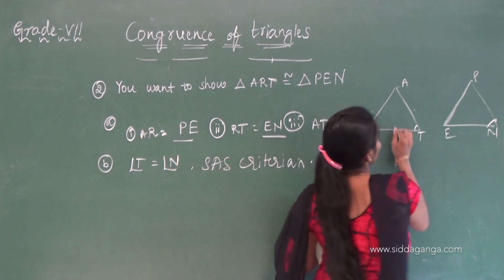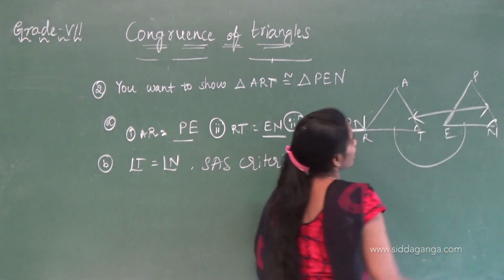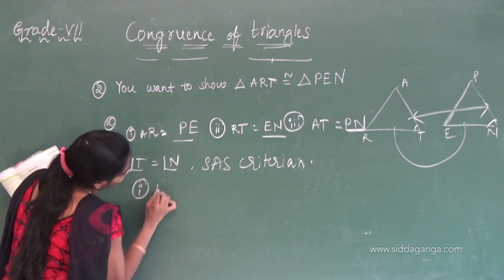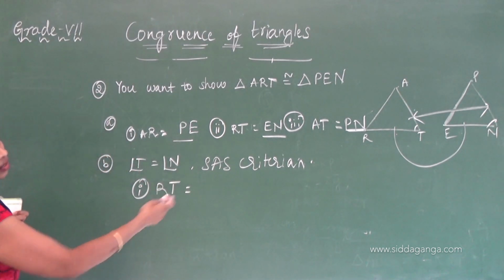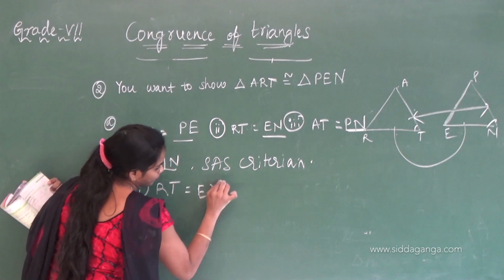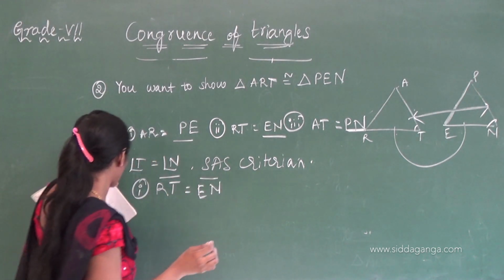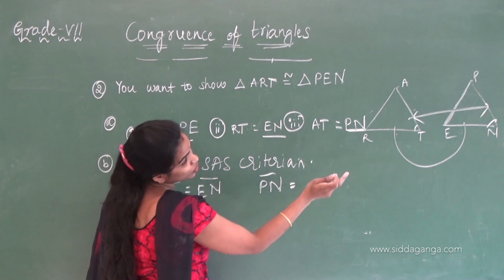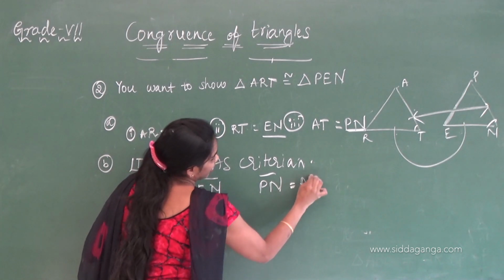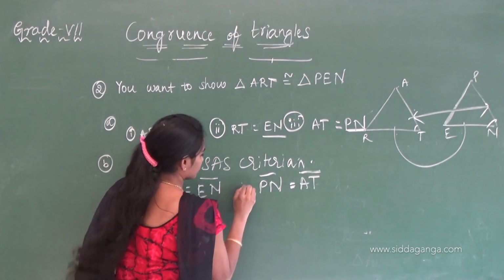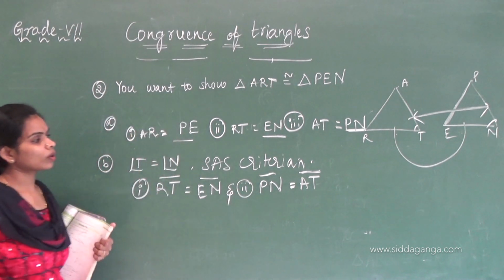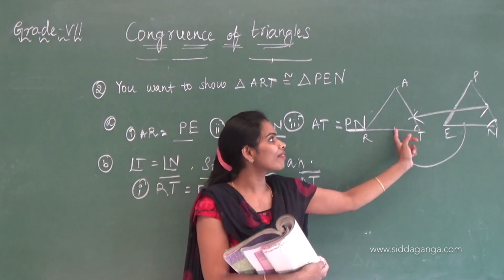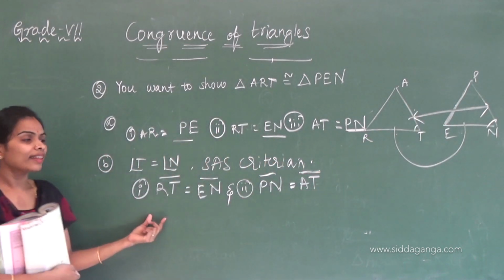We can write this one and this one equal. They are only given RT equals to EN, and PN is equals to AT. By using SAS criteria, the included angle is given, we have to tell that the sides are equaling or not.